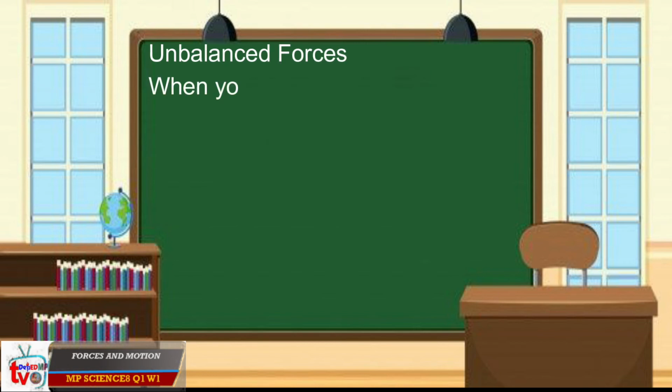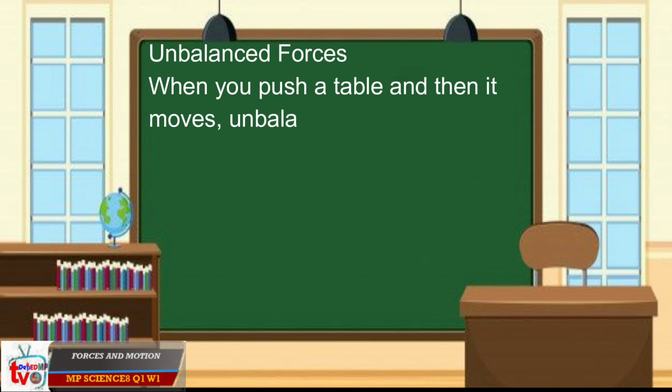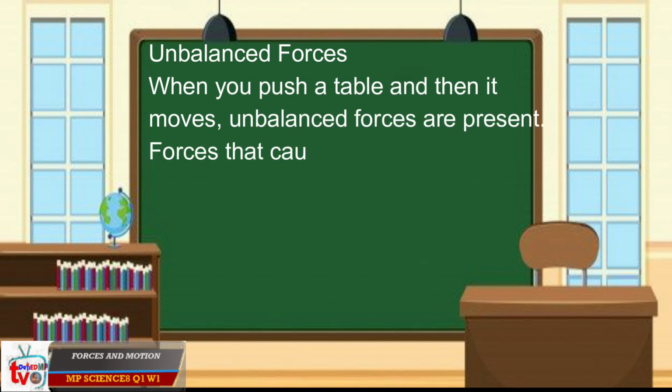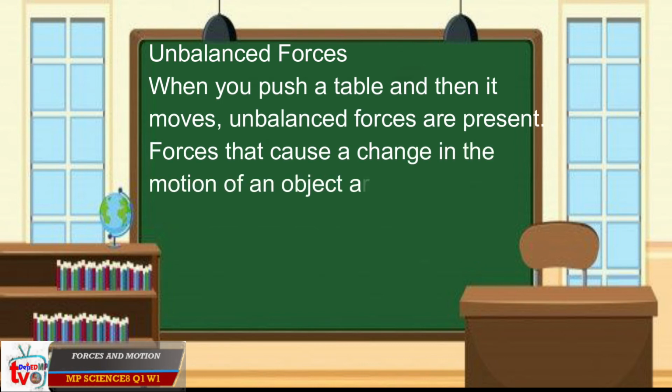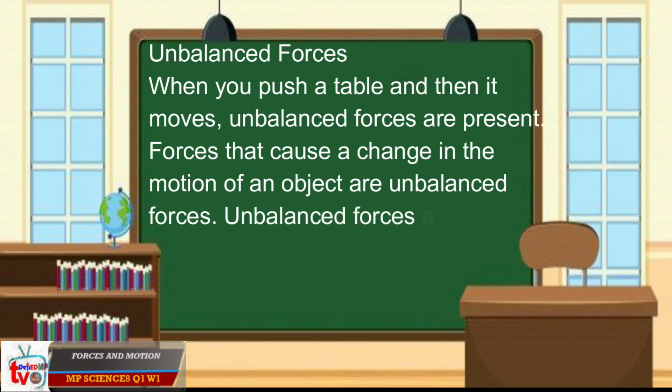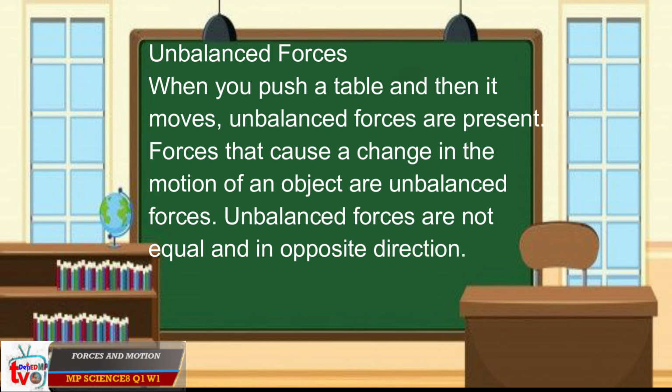Unbalanced forces. When you push a table and it moves, unbalanced forces are present. Forces that cause a change in the motion of an object are unbalanced forces. Unbalanced forces are not equal and not in opposite direction.